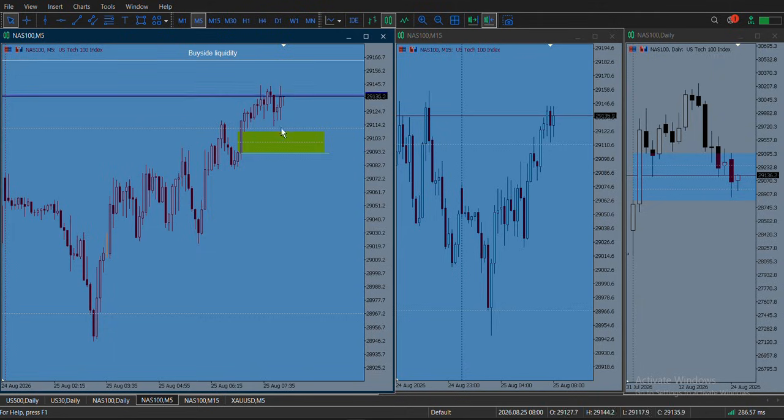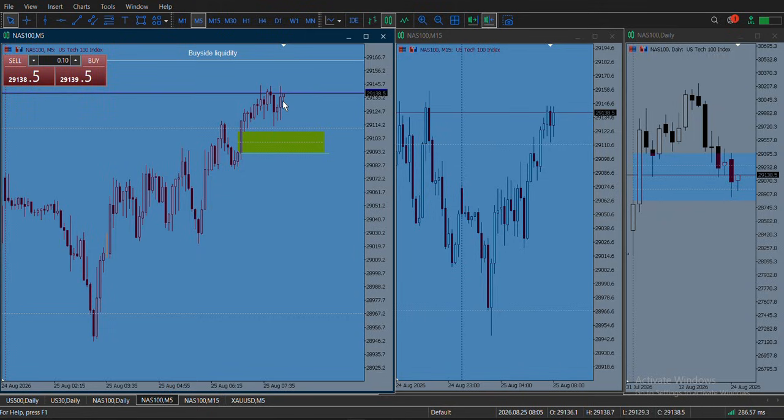So price has not traded back into this inefficiency. So I want to look for a buy around the 130 level if we get a retracement lower. But now it looks like it wants to just run after these highs.